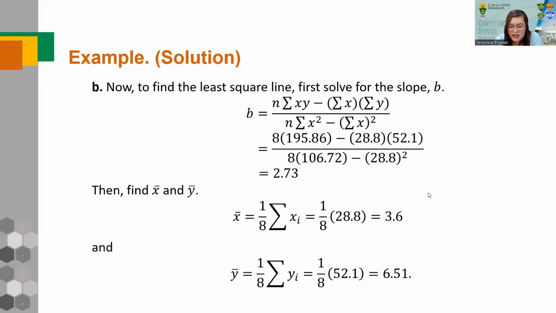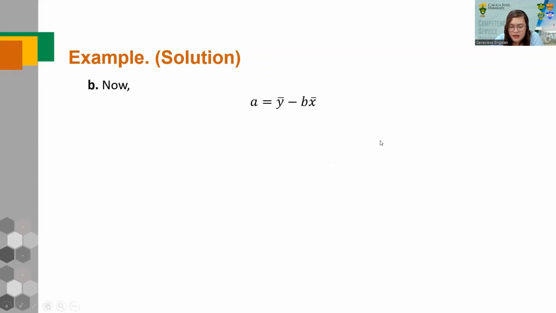So, si A is Y bar minus B times X bar. So, the answer is 6.51 minus 2.73 times 3.6. So, using your calculators, you have negative 3.32. So, ang atong A, ang atong B is 2.73.